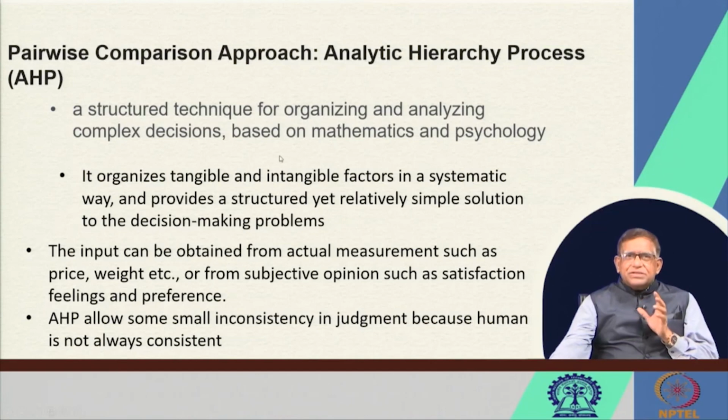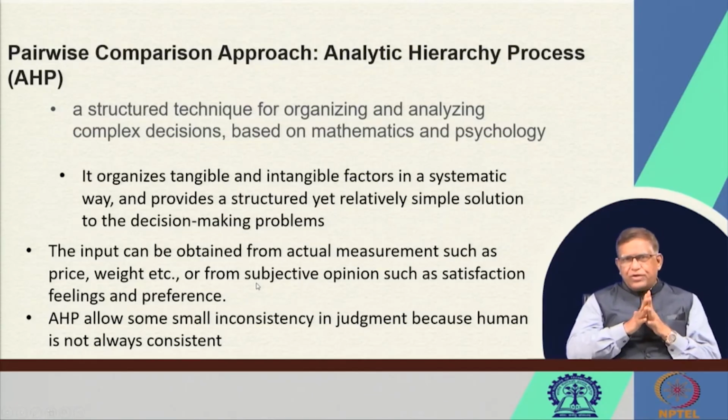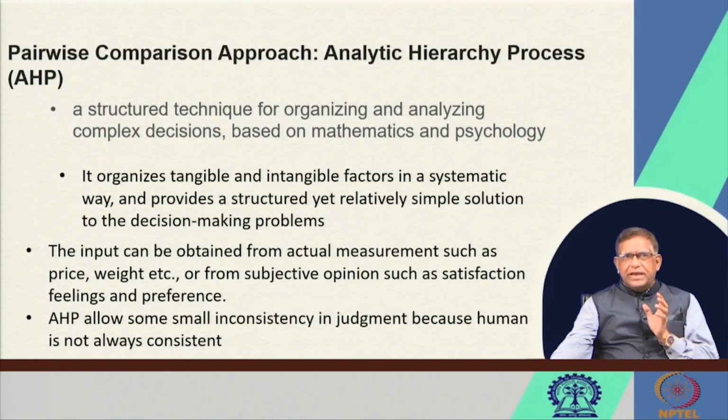Now this is a structural technique, and you can take this input there. What is used here? An eigenvector approach is used in this one. So it is a structural technique for organizing and analyzing complex decisions, based on mathematics and psychology, taking into account how people prefer things. This method organizes tangible and intangible factors.